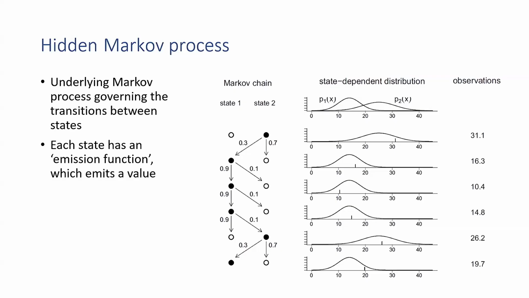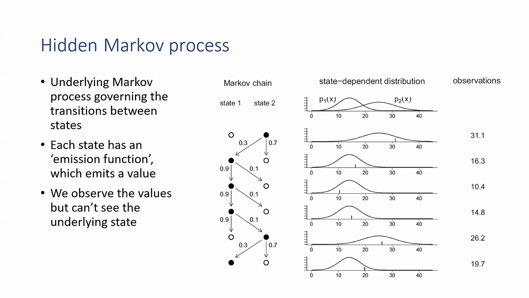Then the underlying process carries on. We're now in state 1, so spit out a value from that function, 16.3. And this process carries on, your states keep changing, and you arrive with your observations on the right. In practice, the observations are the only thing that we can see with this.